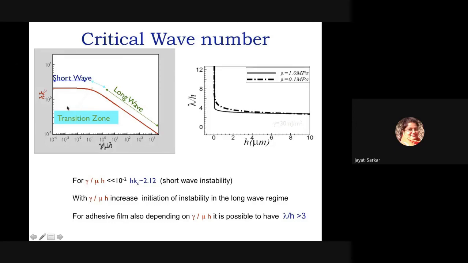So in a single understanding, one can get where the elastic-like behavior is, where the viscous-like behavior will be, and where the transition will take place, and that all depends on the value of this surface tension parameter gamma by mu h, to be definite.